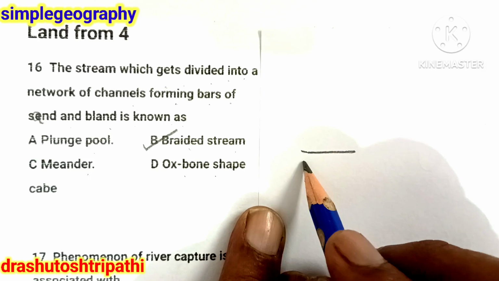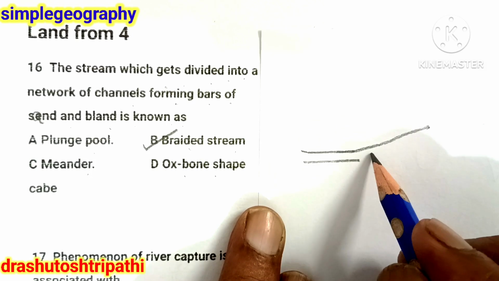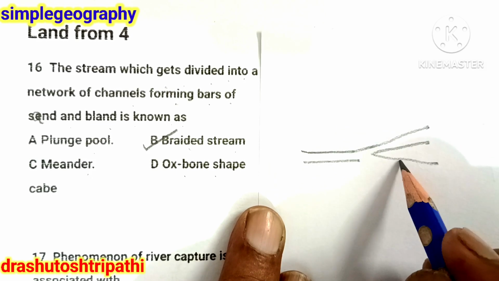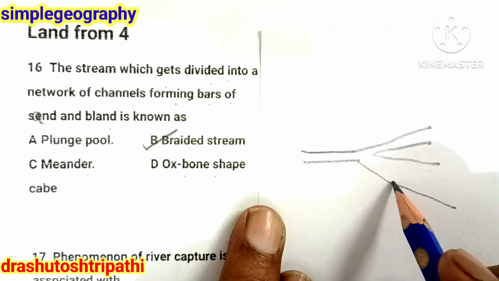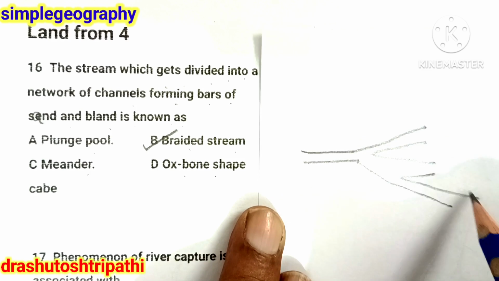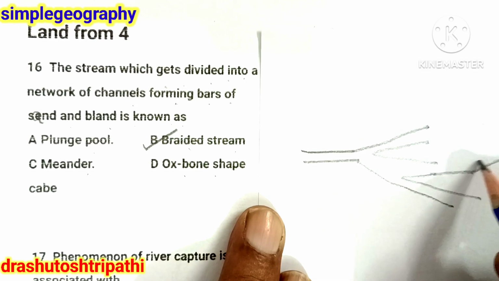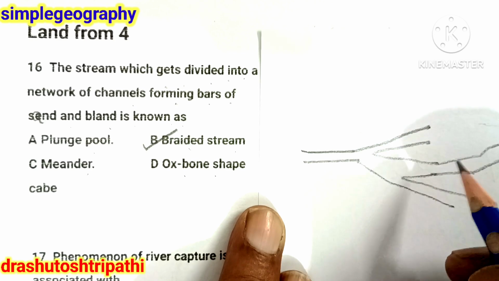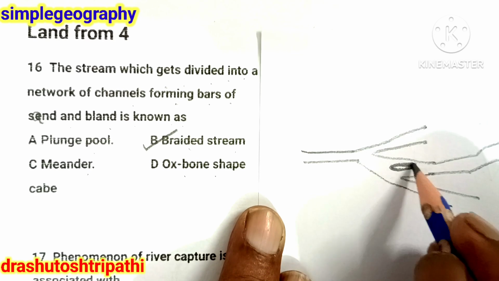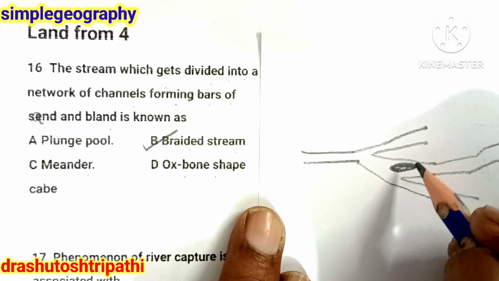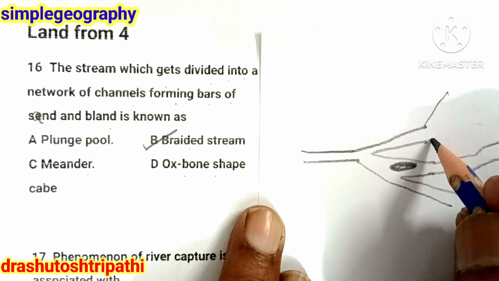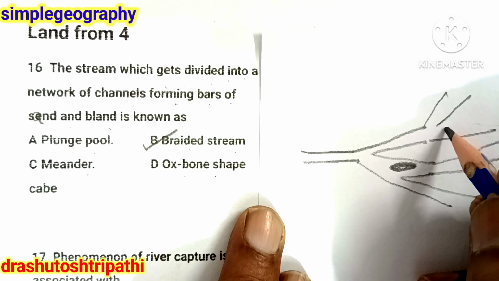When a major channel is divided into a number of channels like that. Why is it divided into a number of channels? Just because of the presence of sandbars or islands.